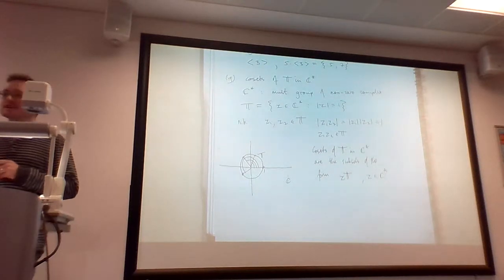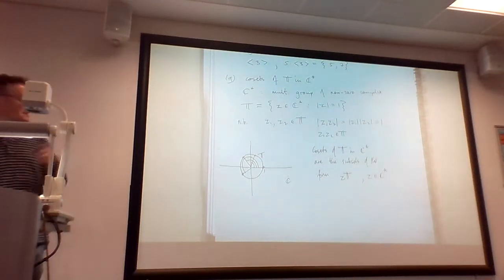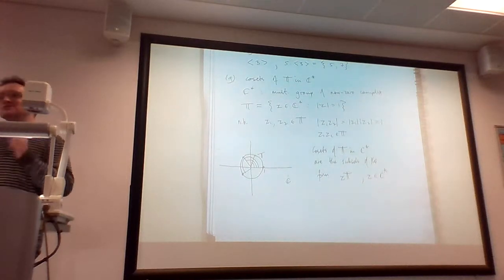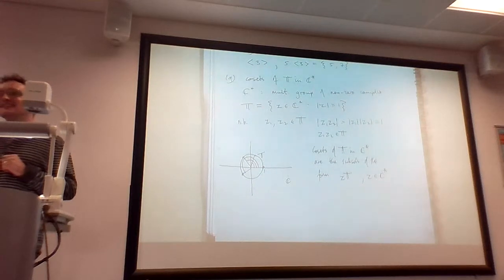So there are different subsets of the complex plane that are somehow related to this subgroup that we're starting off with. So what might they look like? Would be a circle.